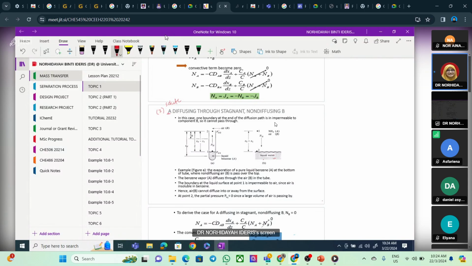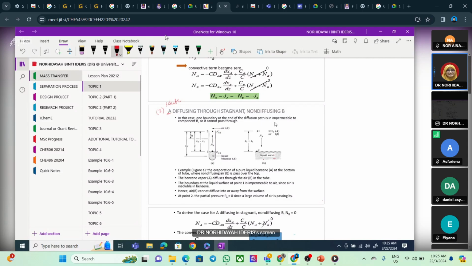The first one is a narrow test tube, which we can find inside the laboratory, with liquid benzene inside. So the evaporation of the pure liquid benzene at the bottom of the tube, where the non-diffusing air B is passed over the top.